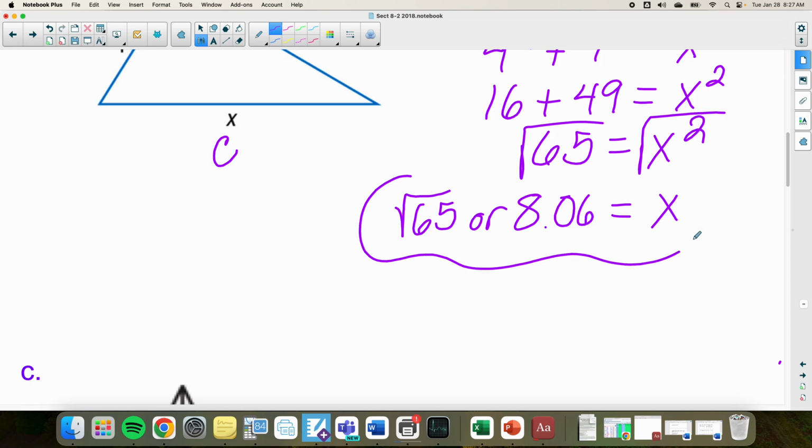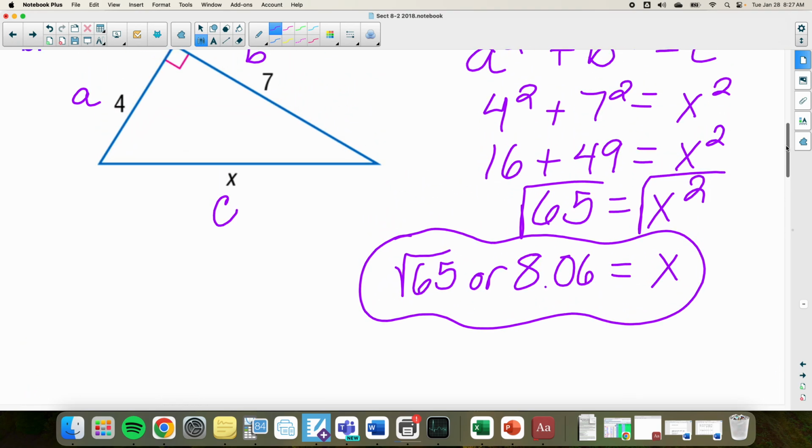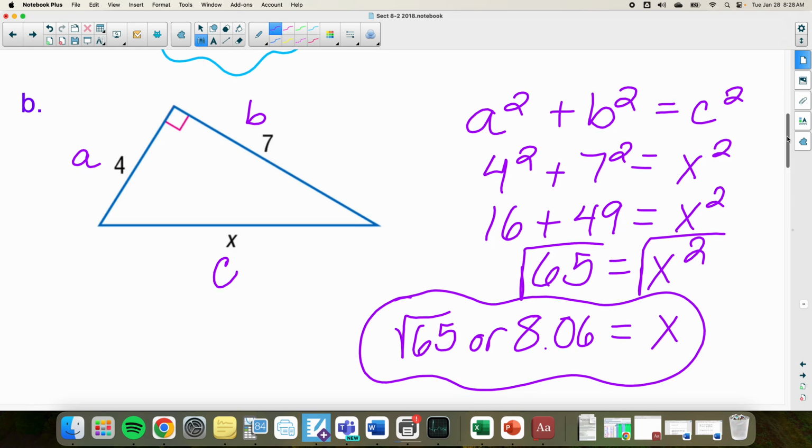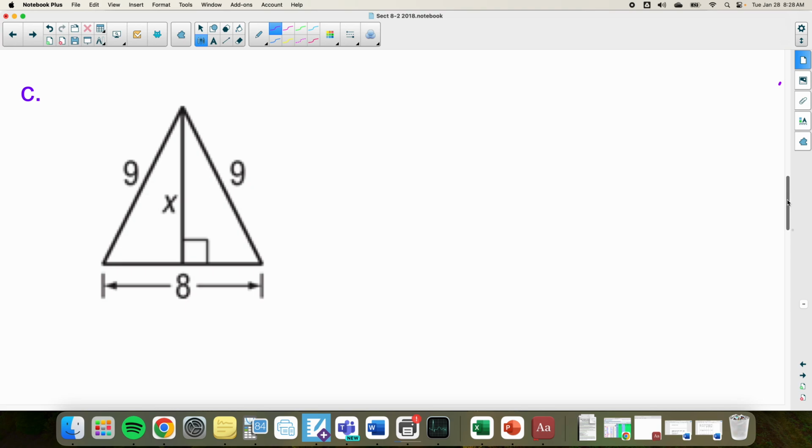And either answer is absolutely fine with me, okay? As far as work goes, I would want to see at least this step right here and then your answer, okay? So even if you just give me that, that would be nice.